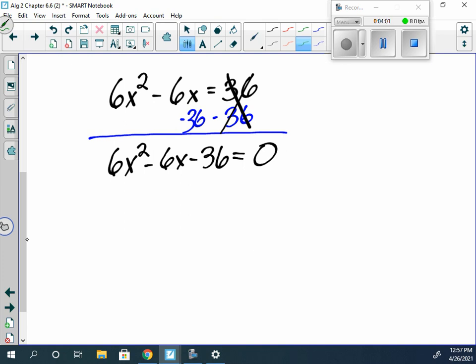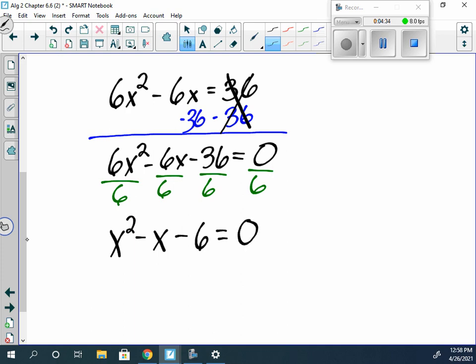Is there a greatest common factor between all four terms? 6. 6 will go into 6, 6 will go into 6, and 6 will go into 36. And 6 divides into 0 evenly. So since there's a common number between all four terms, we can divide everything by 6. Well, 6x squared divided by 6 is just going to be x squared. 6x divided by 6 would just be x. 36 divided by 6 is 6.